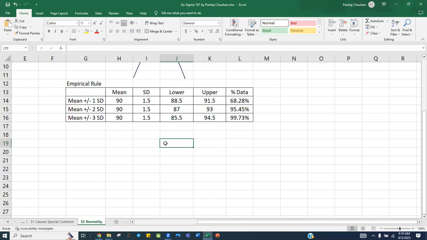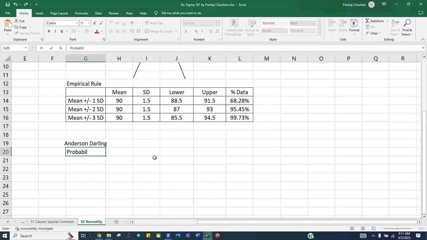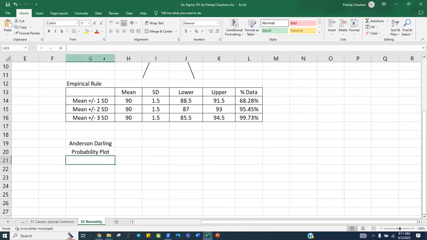Now, if we look from the statistics point of view, when we perform a normality test, the Anderson-Darling test is basically the normal probability plot of your data. The Anderson-Darling test will help you identify whether the data is normal or not normal. That works on hypothesis testing.